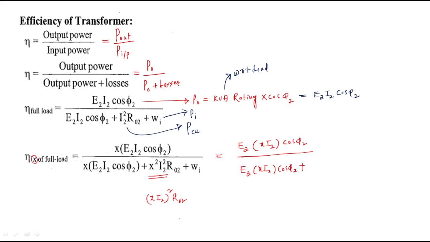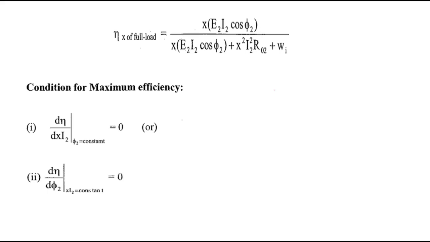With the variation of load current, obviously copper losses also vary, that's why (x I2) whole square into R02, that is x square into PCU, plus PI. This is the formula for efficiency at different fractions of load.